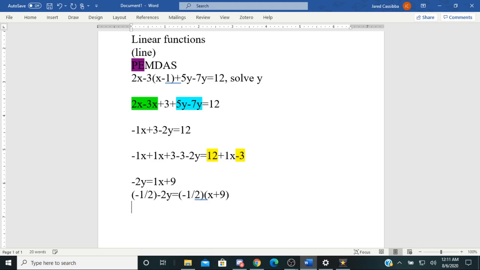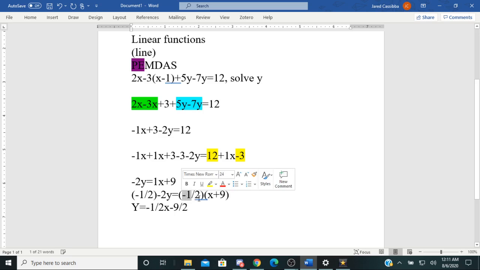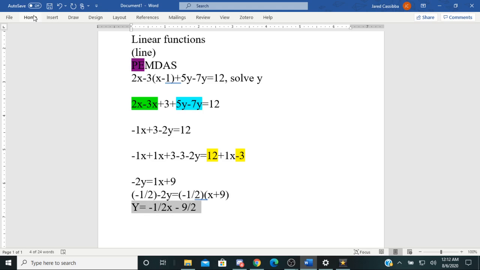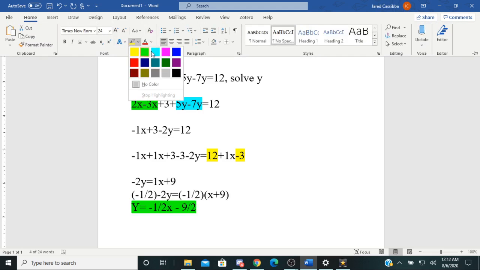Now we have negative half times negative 2, which is just 1, so y equals, and then distribute the negative 1/2 to both, so it's negative 1/2 x, and then minus 9 over 2. It's minus because a negative number times a positive number is a negative. Let's space this out so it looks nice. These cannot reduce any further, so this is our overall answer.